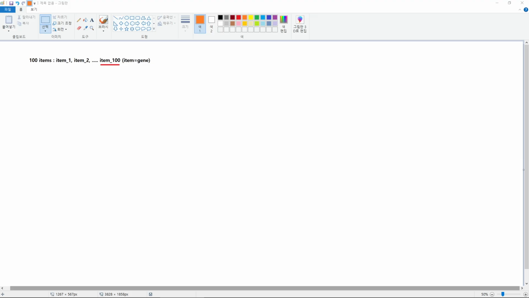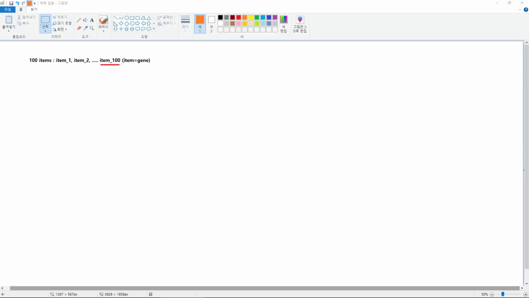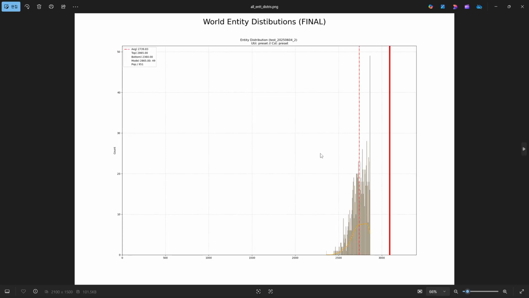So I wondered what would happen if I set the population size to 1000 from the very start, from the get-go. Well, the same thing happens. And here is the distribution.